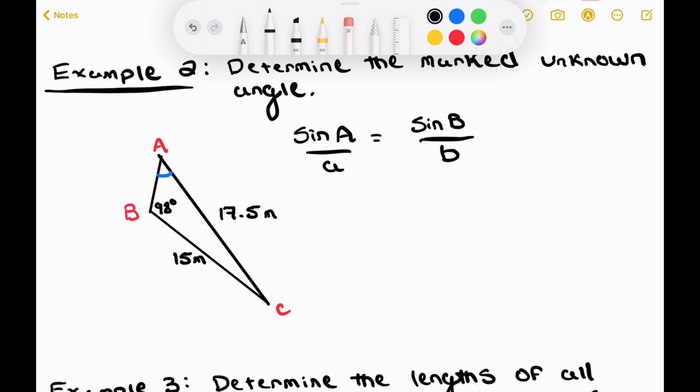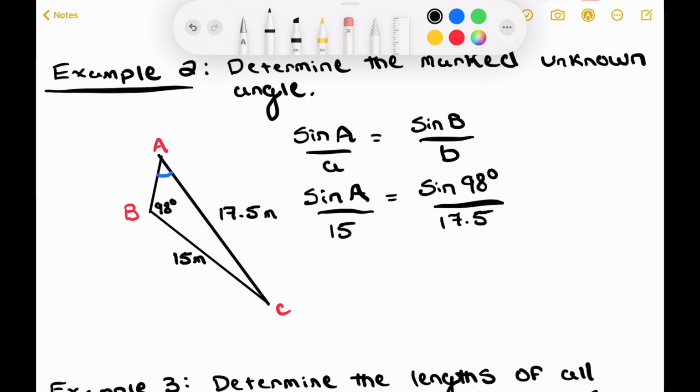And now let's fill in the information we know. We're solving for the angle A, so we don't know that yet. So we can write sine A over A, which was 15, is equal to sine B. Well, the angle at B was just 98, and then over its side length, which was 17.5.